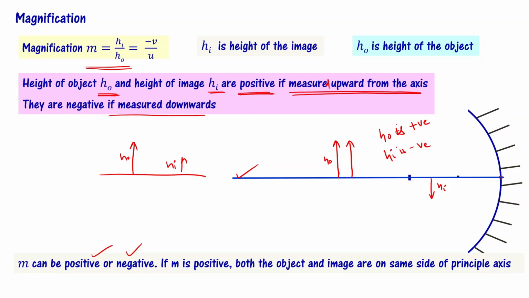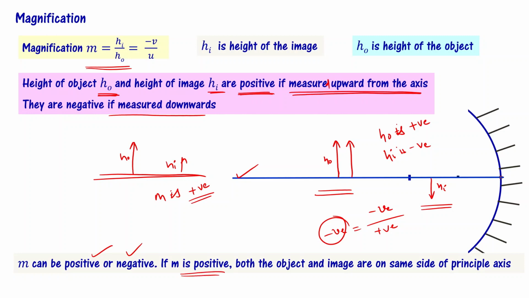For example, in this particular case ho is positive and hi is negative, so negative divided by positive is going to be negative, right? m is negative. In this particular case, since both are positive, m is going to be positive, right? m can be positive or negative.